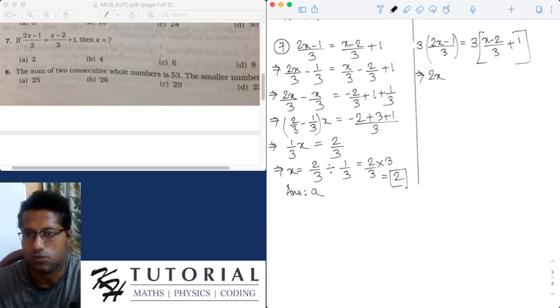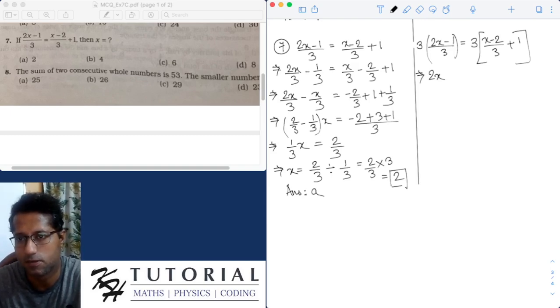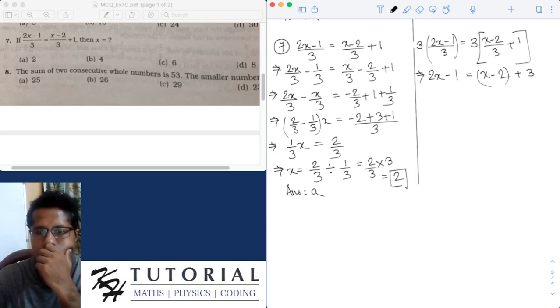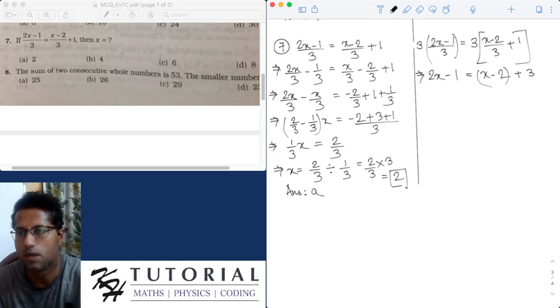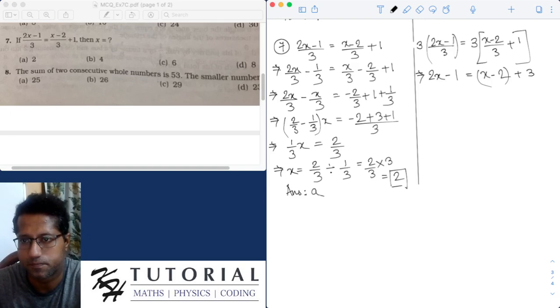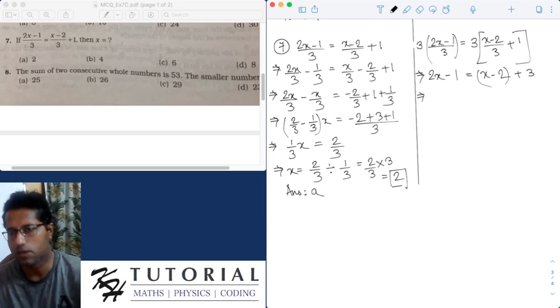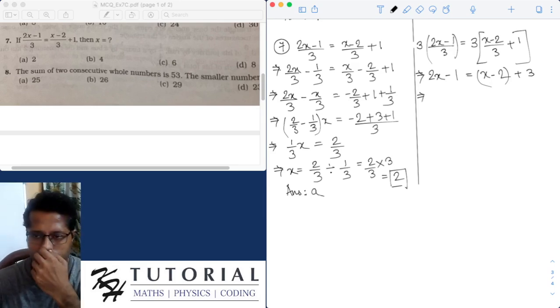Okay, so this is 2x minus 1 equals x minus 2 plus 3. If I bring x minus 2, the brackets we can simply remove without any problem.